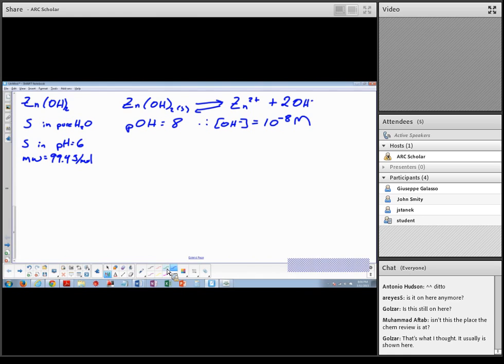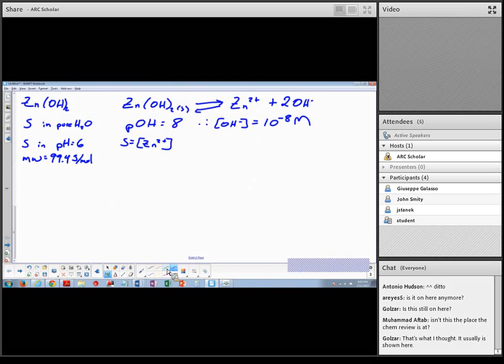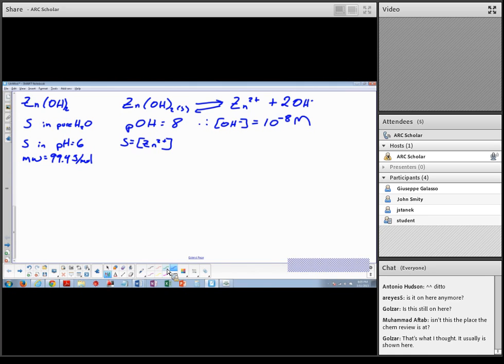All right, so if we, again, plug in, assuming S is equal to the concentration of Zn2 plus, we have the concentration of OH minus. The major contributor is going to be the buffer solution. You saw how much OH minus was being produced with just the pure zinc hydroxide.